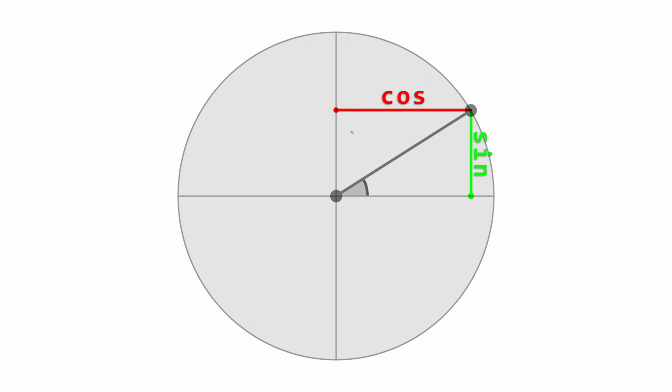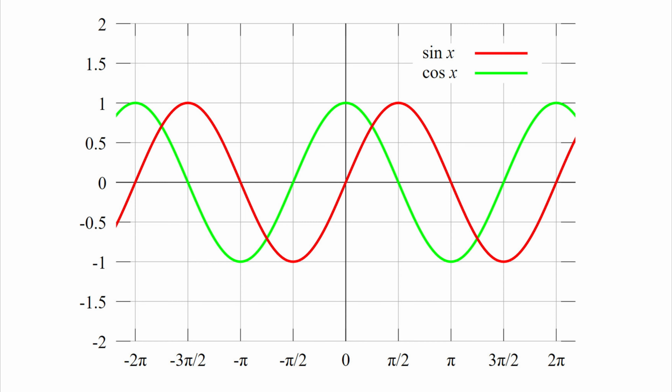And then as we come around the circle, on this side, our cosine value gets a negative length, and its maximum is -1. And then our sine value gets closer to 0 again. So sine and cosine have this oscillating value between -1 and 1 as we go around the circle, and they're offset from each other by 90 degrees.